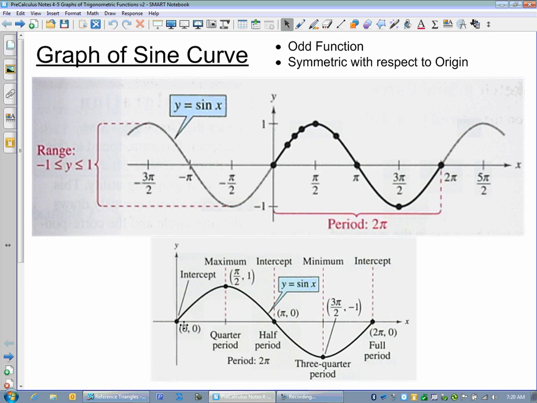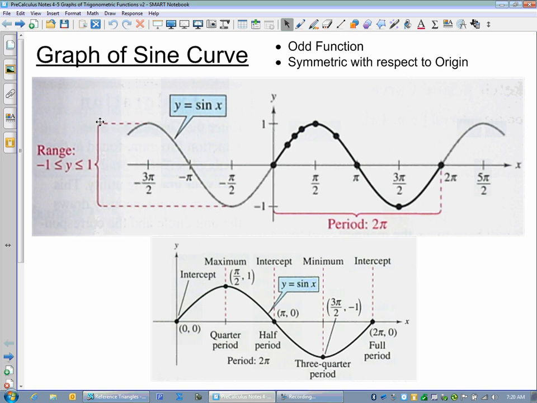So notice how the left endpoint and the right endpoint for the cycle are always going to be at the same y value. And halfway between those is going to be that same y value. And then between the first 2 intercepts is the maximum, between the second 2 intercepts is the minimum. We're going to use that idea, and then if we need to move these around with transformations, we can do that.